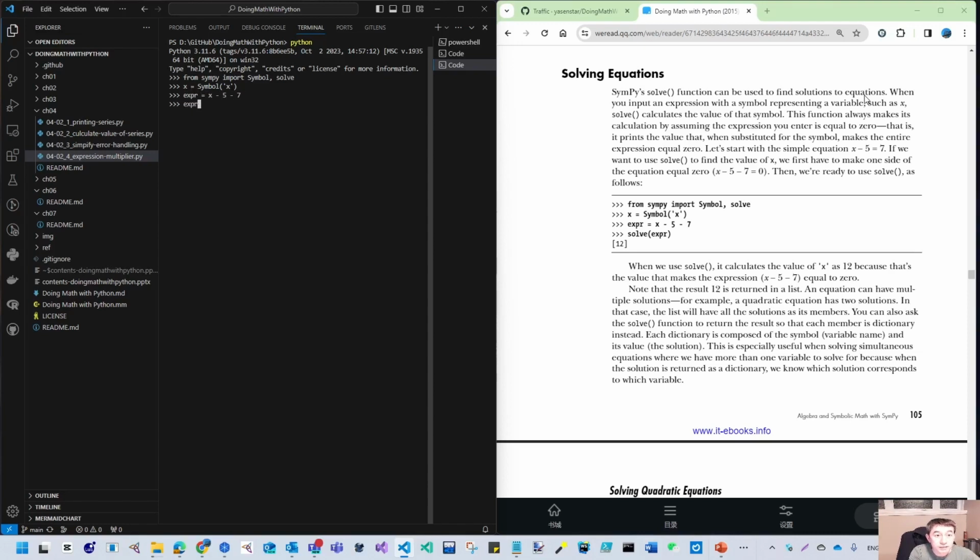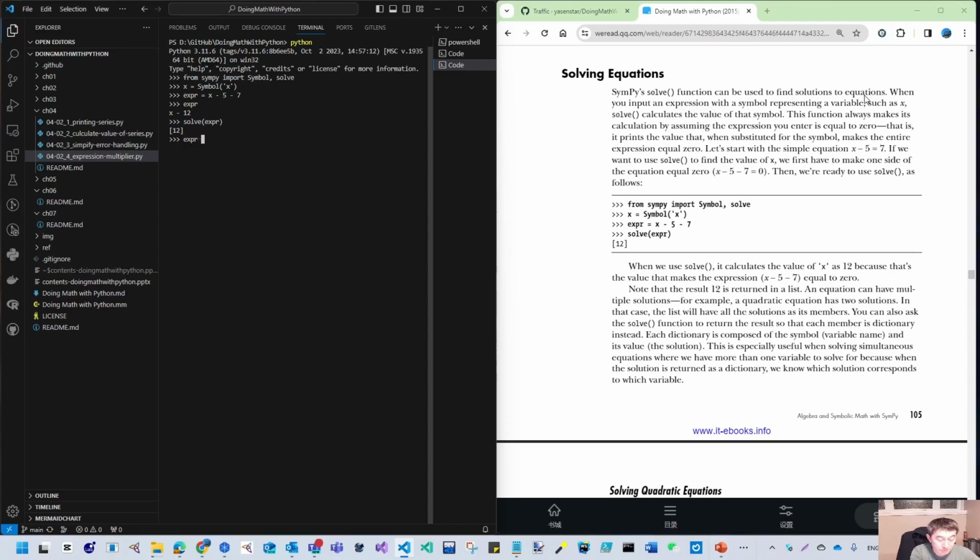Let's see the expression: it simplifies to x minus 12. Then we call solve on the expression and it gives us a list. You see the square brackets with 12 inside, which means this is a list, because x has a unique result.